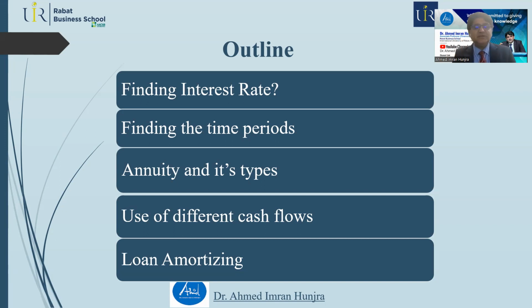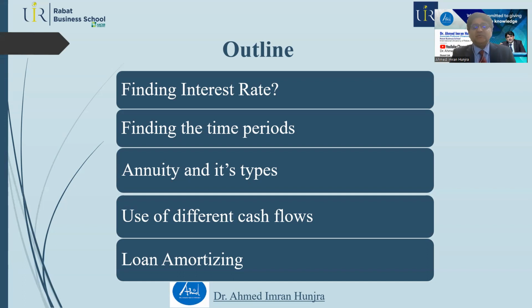In time value of money, we normally have four components. One is present value, the other one is future value, then interest rate, which is denoted by I or small r, and then we have the number of time periods, which can be denoted by small t or small n. If we have the information of any three of these components, then we can find the fourth one.